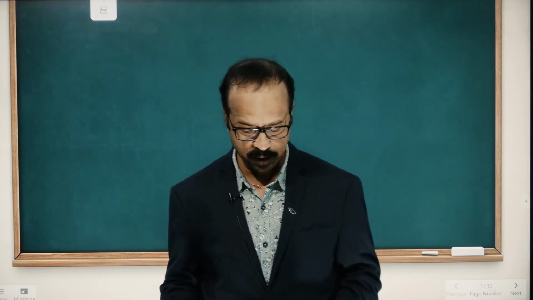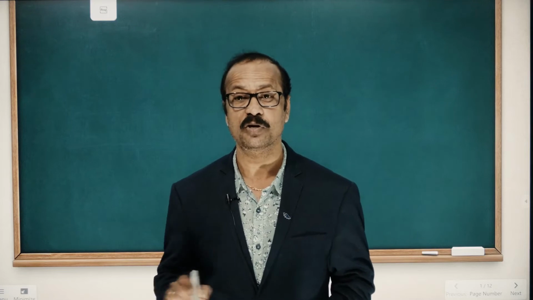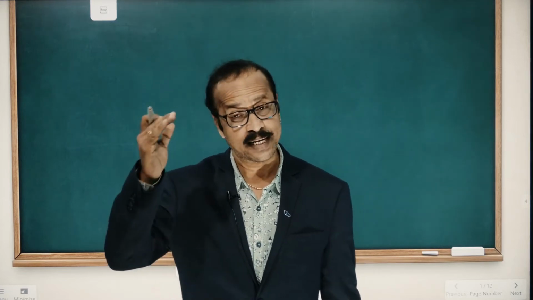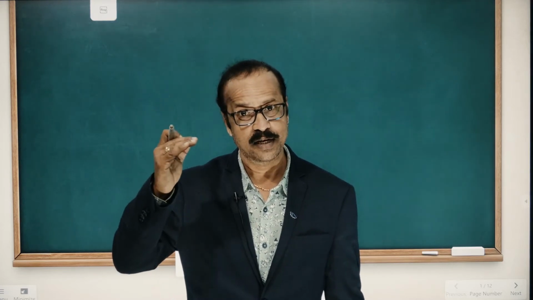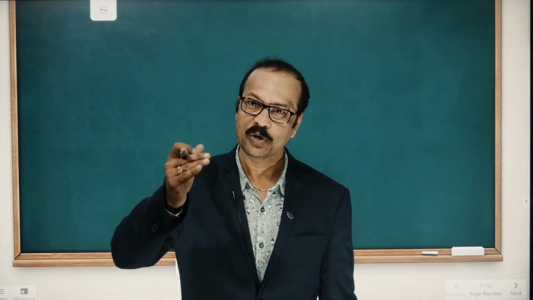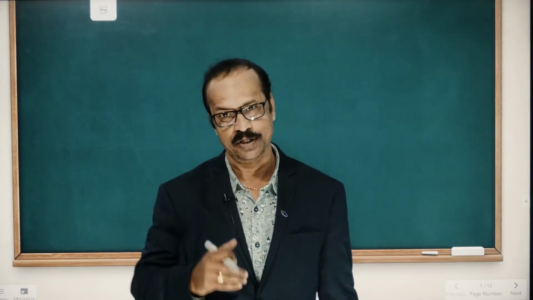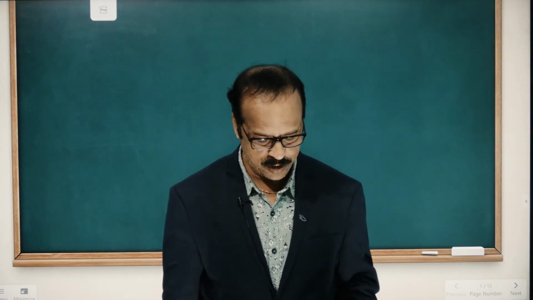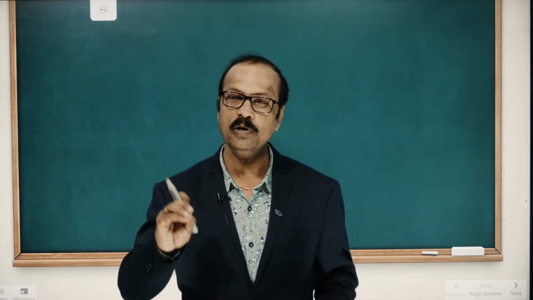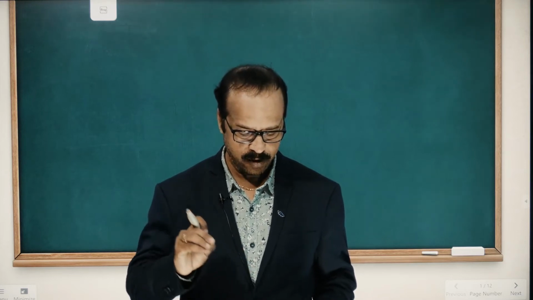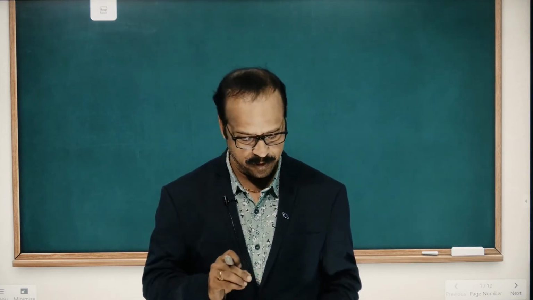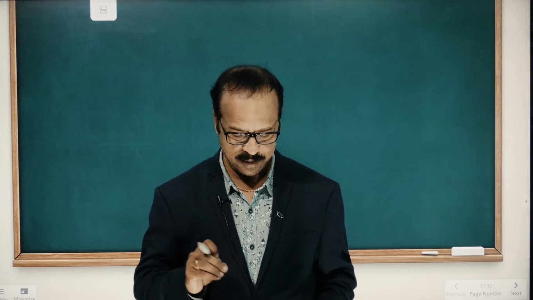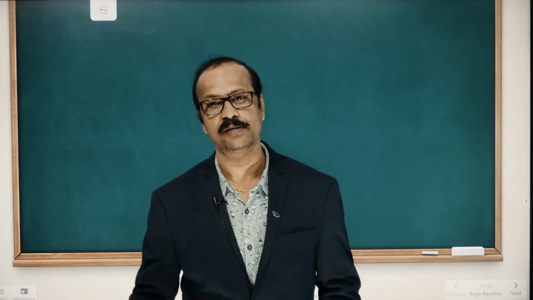Now come to the unit of mole fraction. Mole fraction is the ratio of the number of moles of solute or solvent to the number of moles of solution, right? Ratio, this is a ratio, remember. Now the unit of mole fraction is: moles per liter, moles per ml, no units, or gram equivalent by kg.